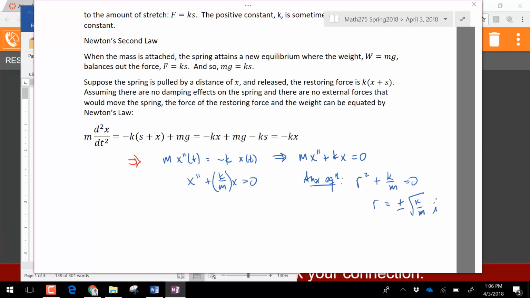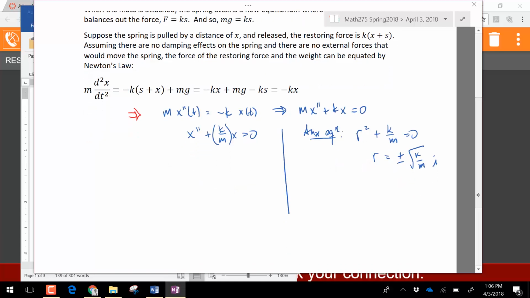And then we should already, hopefully, immediately know the solution is going to involve sines and cosines. So y1 is equal to cosine of the square root of k over m times t.